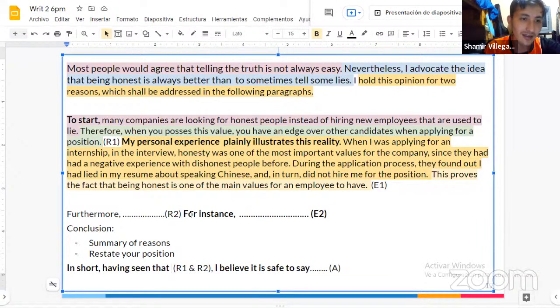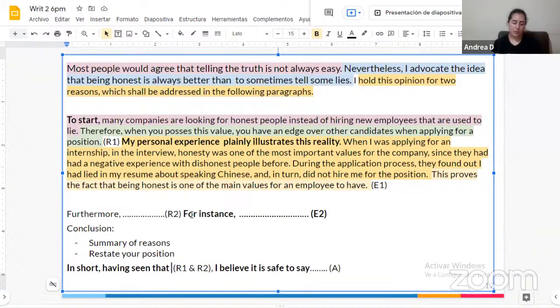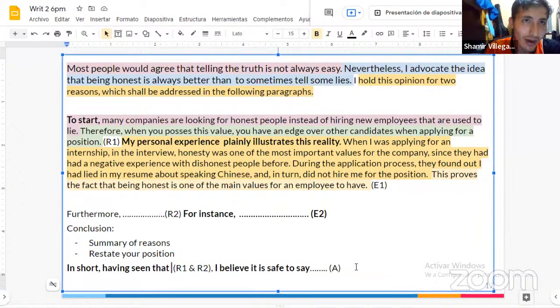I could say that, to be honest, is one of the most important qualities. I don't know, something. No, I was talking about the first part in the conclusion. In short, having had that bad experience related to a possible job opportunity.